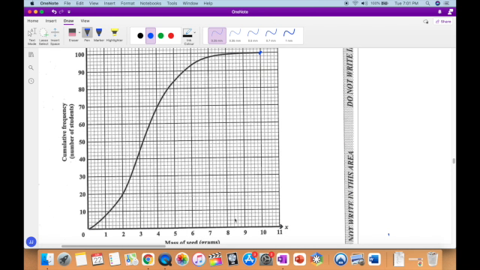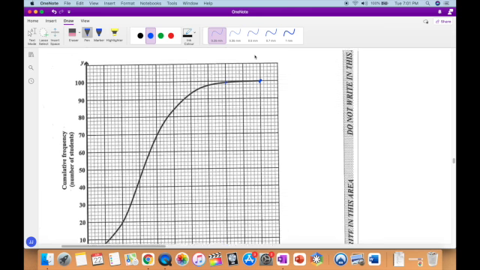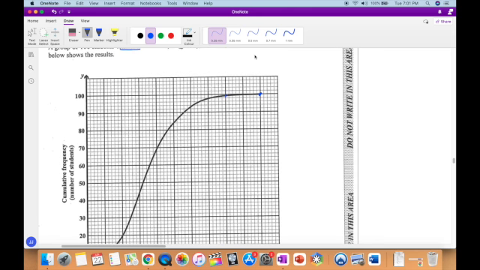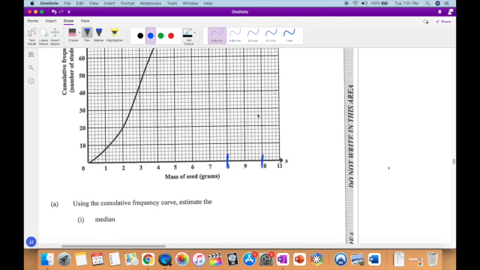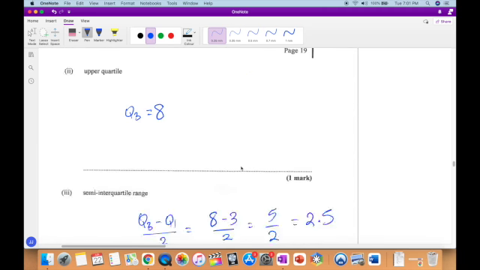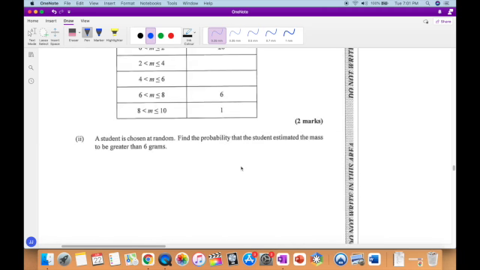Between 8 to 10 grams, this here will be 98: 90, 92, 94, 96, 98. So that's about halfway through, so that would be 99 to 100. So one student from 99 to 100 said that it's in that range.